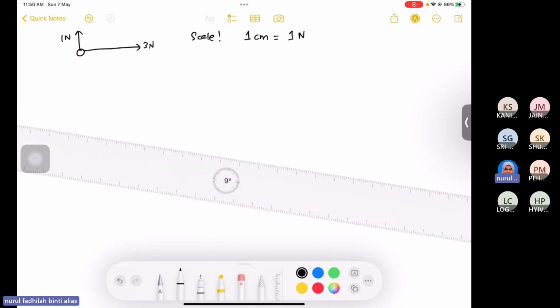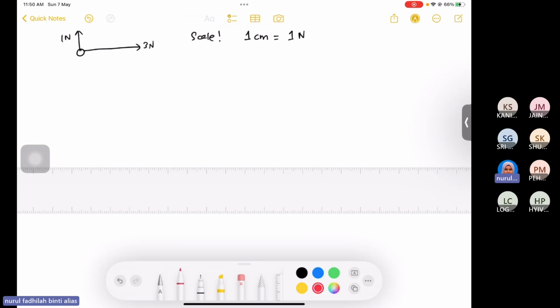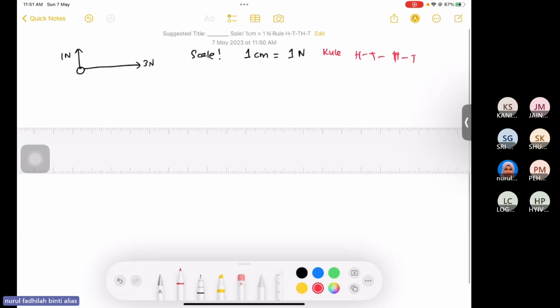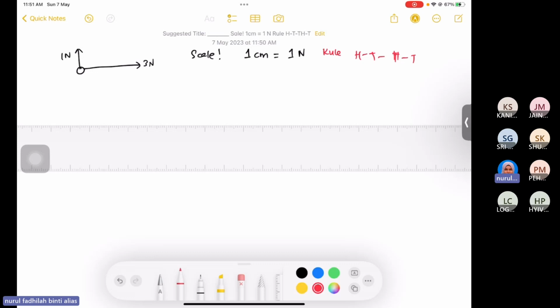So take the ruler. To do this you still have to follow the rule from earlier. What was the rule? Head, tail. Okay. And take the ruler, you measure. 3 cm. So if I start from here 1, 2, 3 cm.